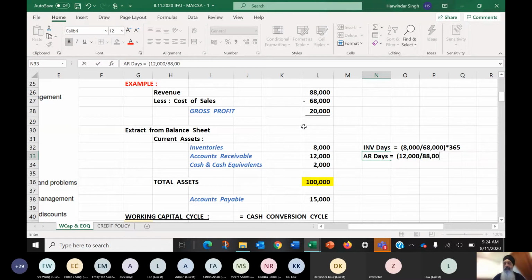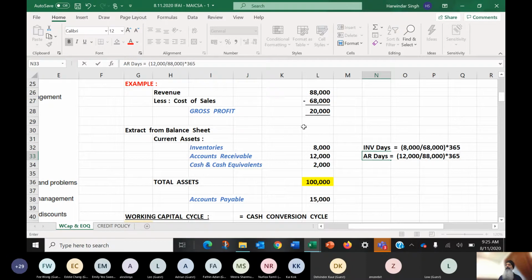88, 1, 2, 3, and multiply by 365, because we want to know on average how long is the firm's money tied down with other people. Inventory days, we want to know on average how long the firm's money is tied down in their stocks and inventories. Because it isn't as if you order 3 containers of stuff and you're going to use it up within a day.